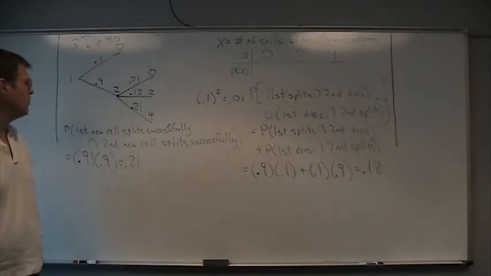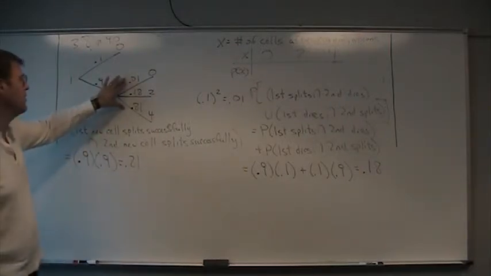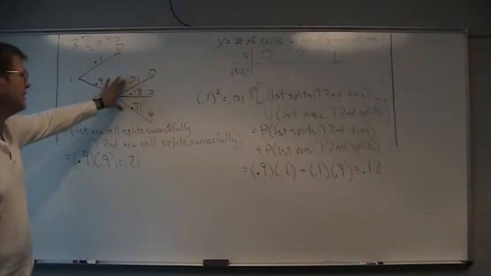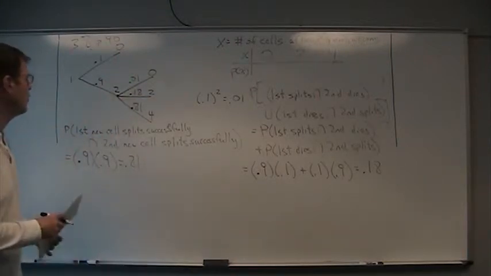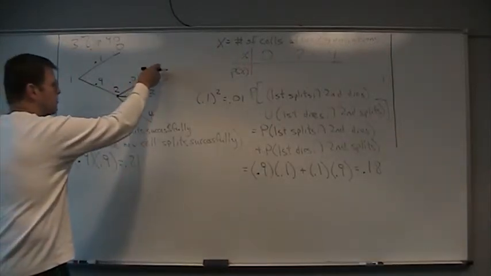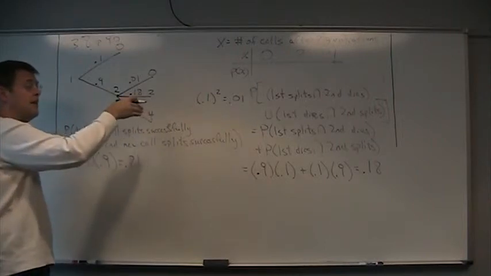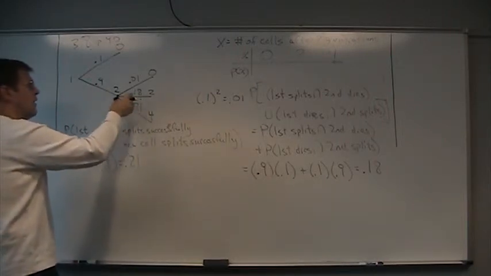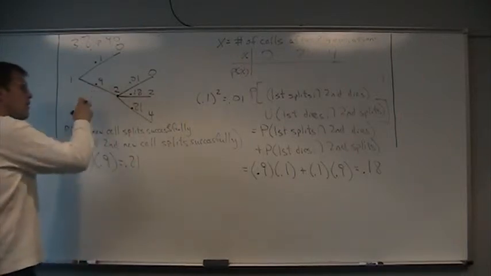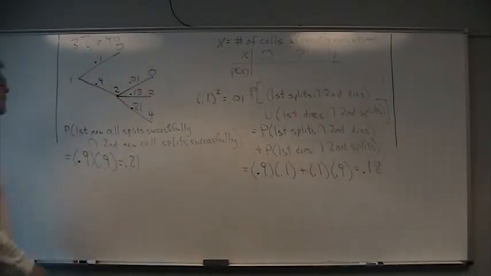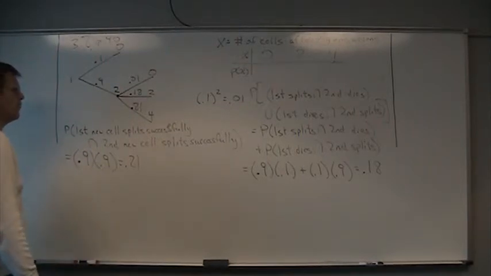Okay, so these probabilities right here, what you have to remember is these are the probabilities given that we're starting with 2 cells. So in order to get the probabilities corresponding to this, we're going to have to, as we did with the law of total probability, multiply each one of these probabilities by 0.9 because we're looking for the intersection of the events on each set of branches.